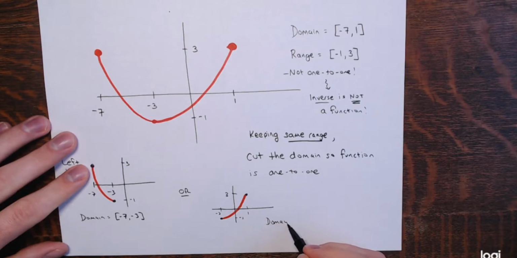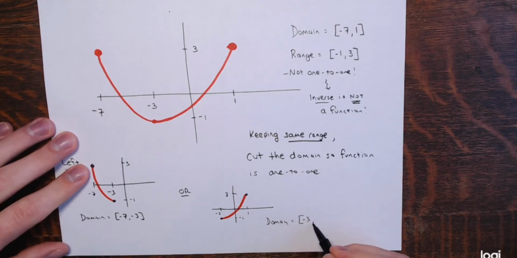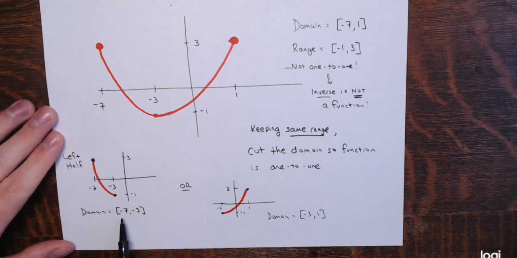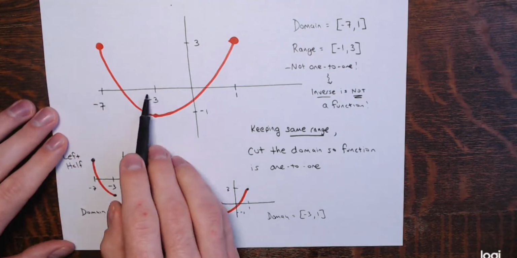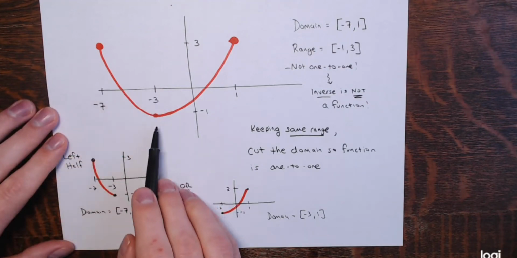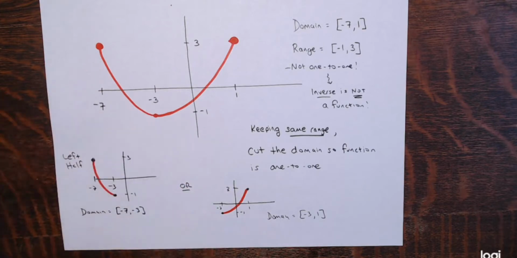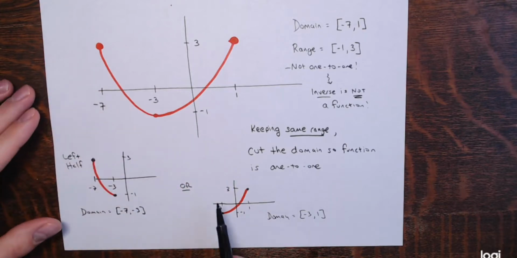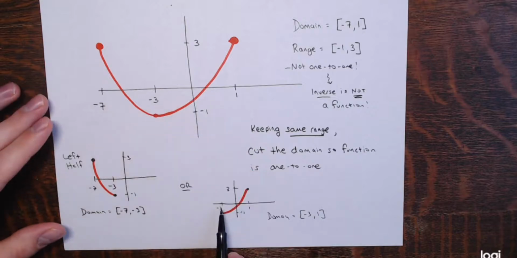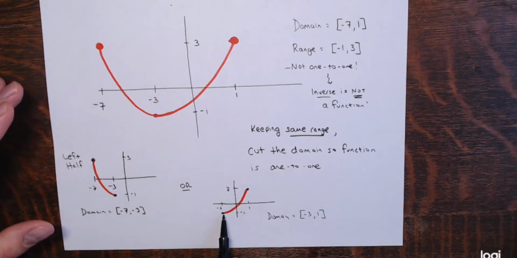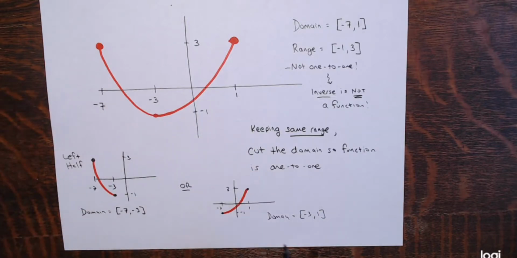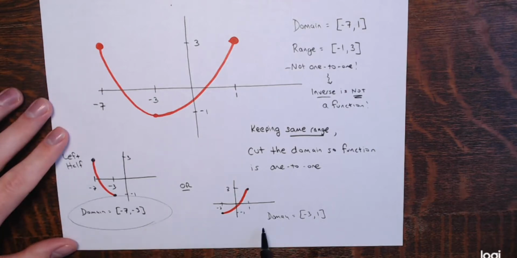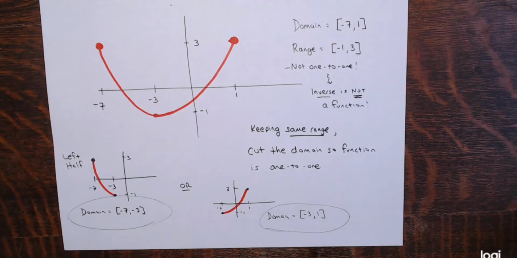And these are the two domains that they're talking about. You could cut the domain from -7 to -3 on the x-axis, and you'd get the same range and have a 1 to 1 graph. Or you could cut it from -3 to 1, and again, you'd have the same range and have a 1 to 1 graph. So these are the domains they're asking me to enter.